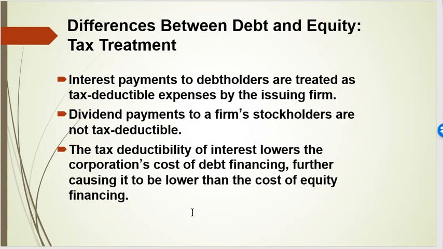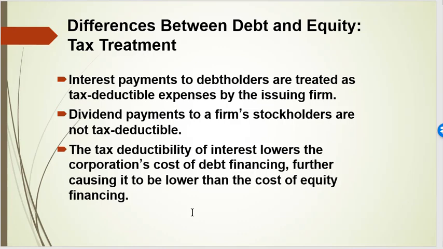So just to highlight a little bit on this interest idea, right? Interest payments to debt holders are tax deductible expenses by the company, but dividends are not tax deductible. So what a tax deduction does is it effectively lowers the cost of that expense.